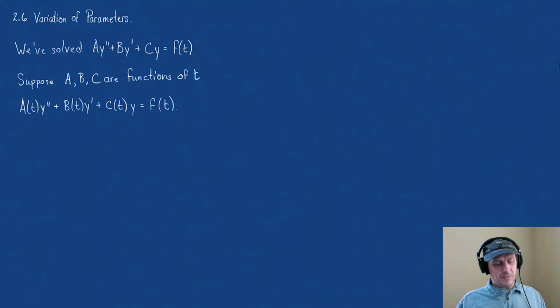Okay, and then we're going to solve that, but we're actually going to make it a little easier on ourselves. Notice that a of t has to be not 0. If a of t is 0, well, we don't have a second order differential equation to solve.